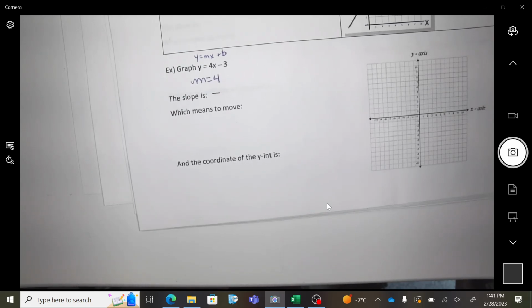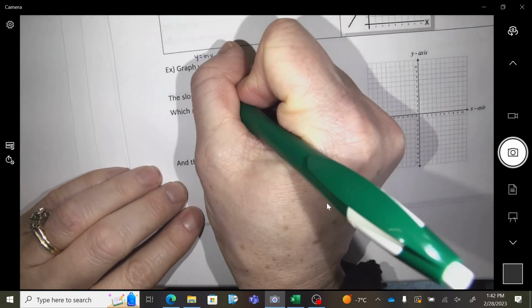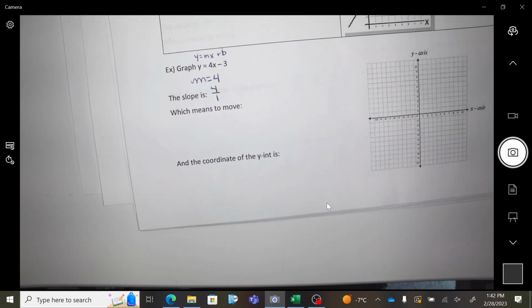Now, fractions are necessary for slopes because you need to have it as a rise number divided by a run number. How could you change the whole number 4 into a fraction? How do you change any whole number into a fraction? Over 1. 4 over 1 is the number 4, right?